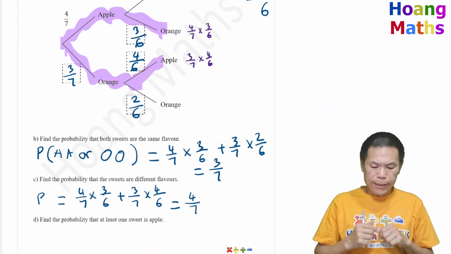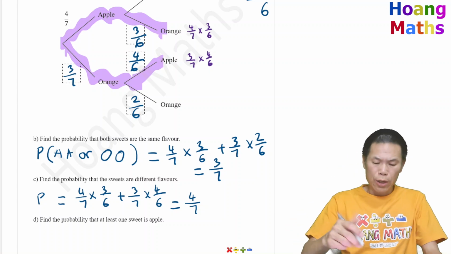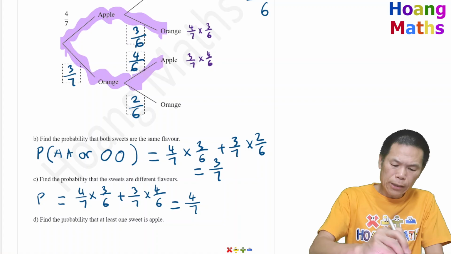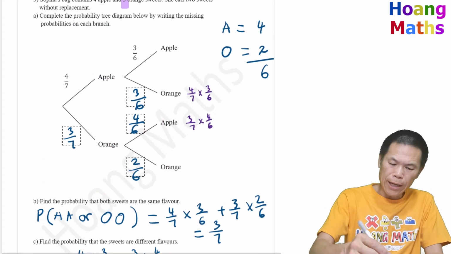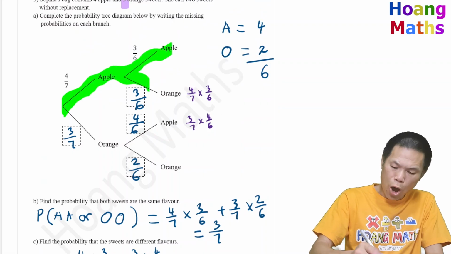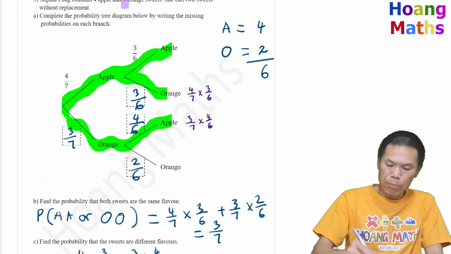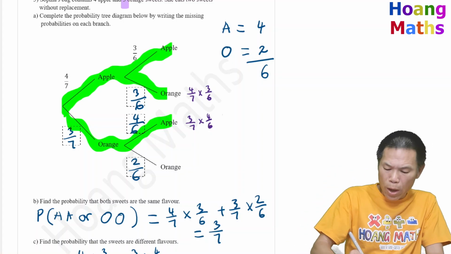Part D. Find the probability that at least one sweet is apple. So at least one apple means this one here: apple, apple; apple, orange; orange, apple. So this means that we do not want 2 orange. Okay, we do not want this one here.